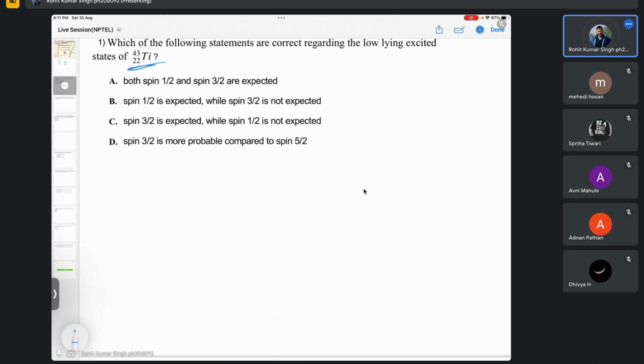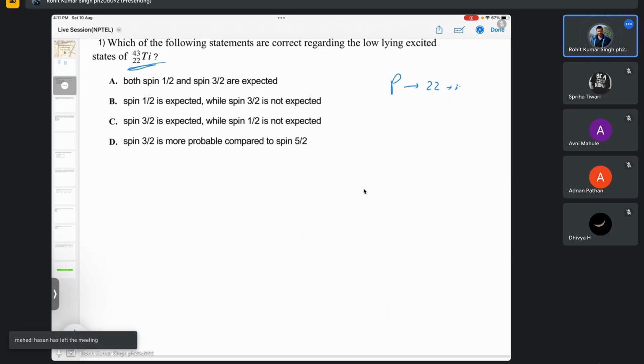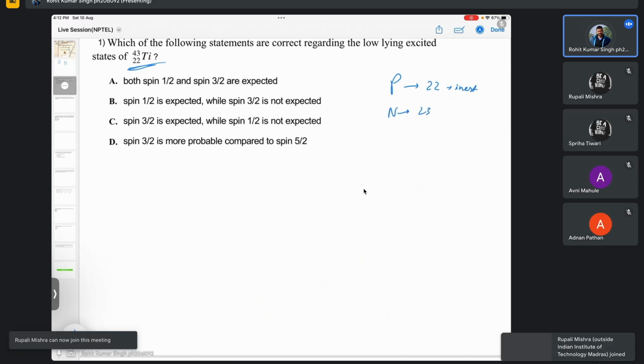Again, the number of protons is 22, so it's inert, and the number of neutrons is 23.